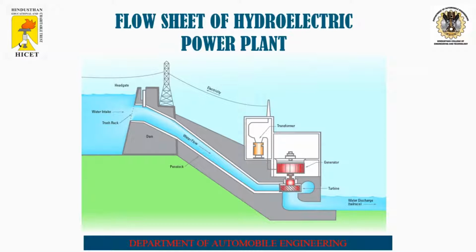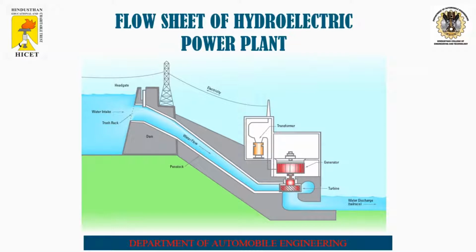As we discussed in the previous slide, the turbine is the prime mover which converts hydraulic energy to mechanical energy. Furthermore, the mechanical energy is converted to electric energy with the help of a generator, and this produced power is sent to various places by stepping up or stepping down the voltage with the help of electric transformers.